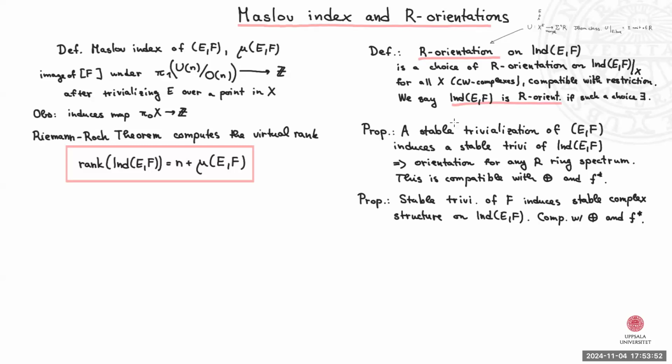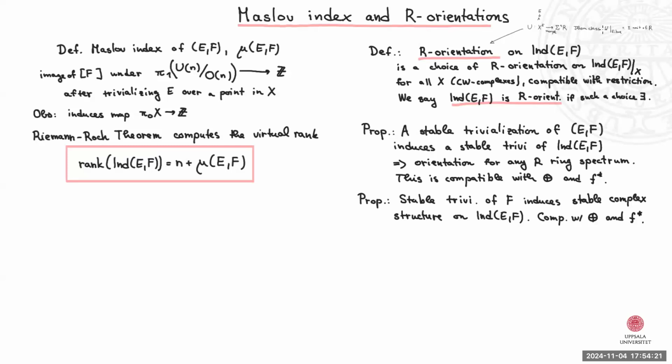So what is an R orientation? Let me recall it. It's written in the super small font here at the top. If you don't remember, if you have a vector bundle and you take its Thom space, and there is a morphism from its Thom space to the n-suspension of some ring spectrum R, where n is the rank of your vector bundle, that's called the Thom class.